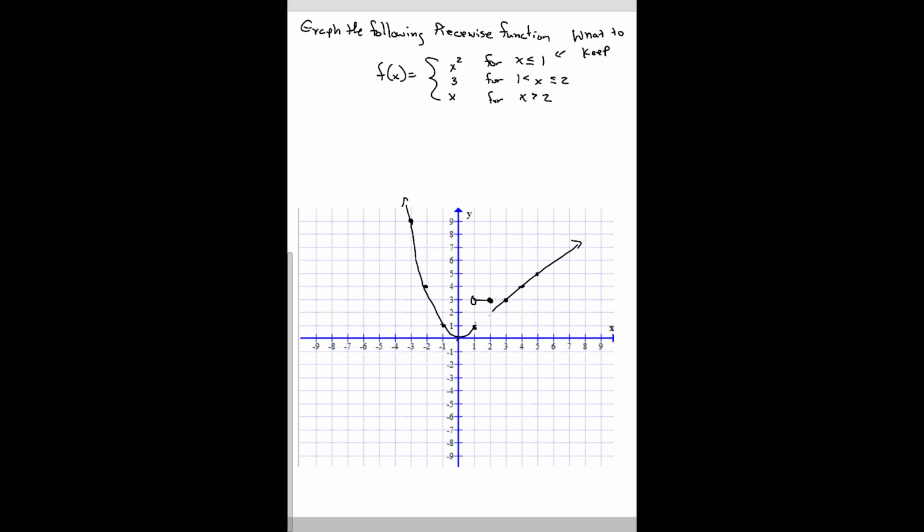Okay, we erased all that. Now we're keeping every x value that is strictly bigger than 2. Strictly bigger than, meaning we don't have a bar underneath the gator mouth. We don't have a bar underneath the inequality sign. So that means we are going to have an open circle.